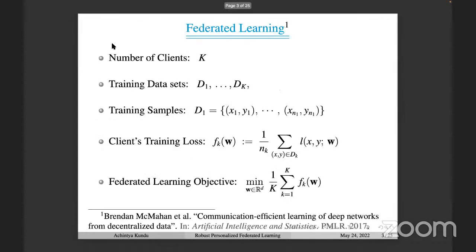So what is federated learning? Federated learning became very popular in the last few years. You can see the first paper came out in 2017. This is a method of training models in a distributed way. There are certain constraints.